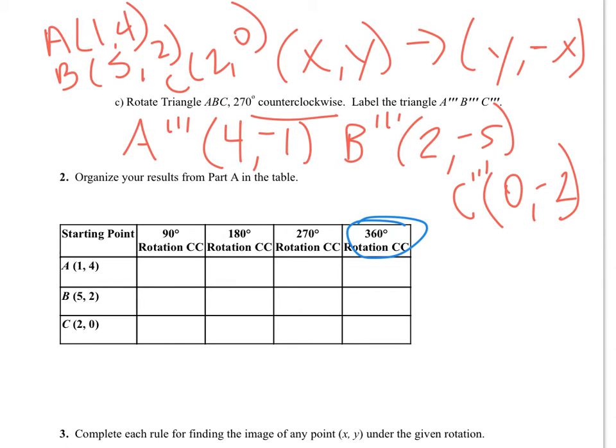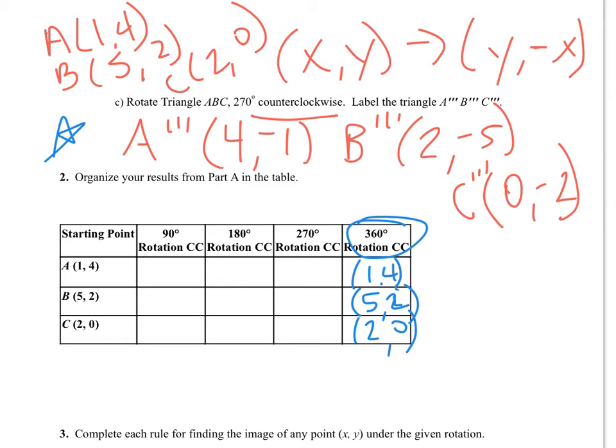It should just end up right where we left off, right? It's not going to go anywhere else. So this would be 1, 4. This would be 5, 2. And this would be 2, 0. All right, and then the 270 is the results we just did right here.